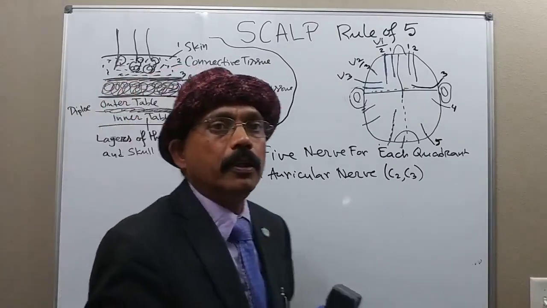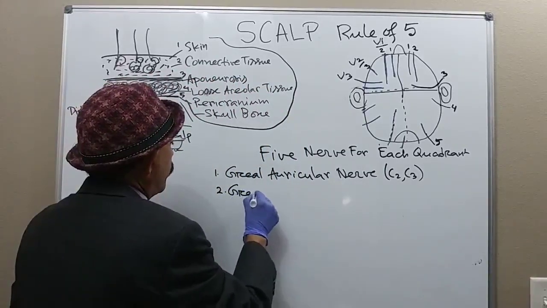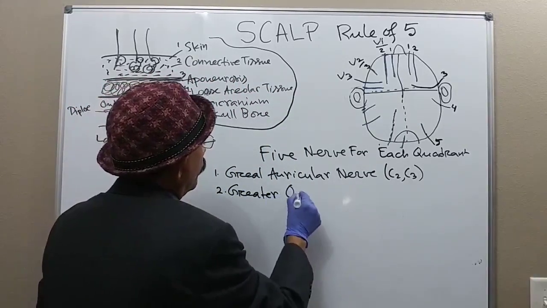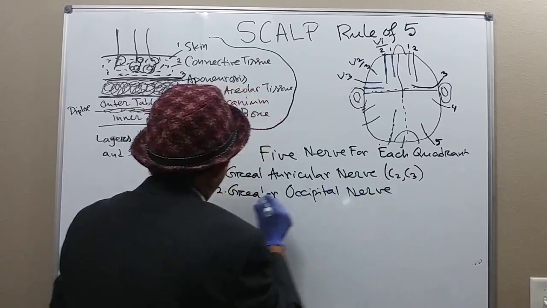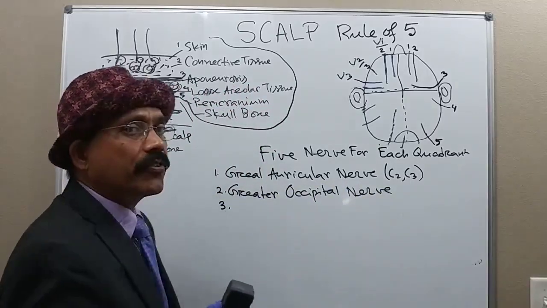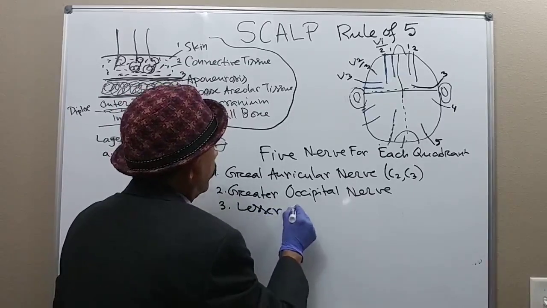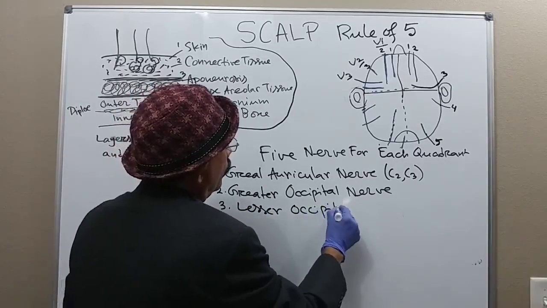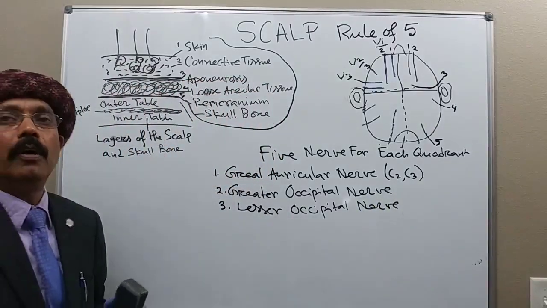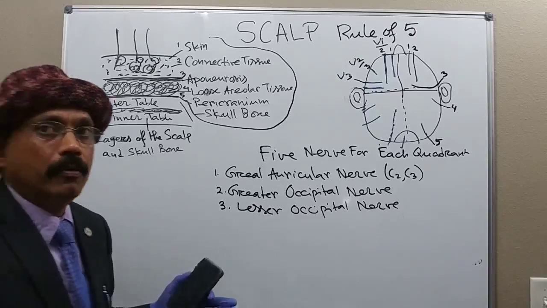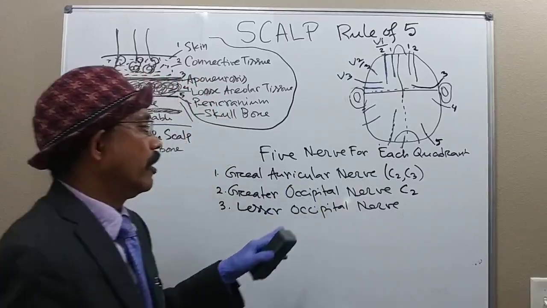Now we go to the greater occipital nerve. Then we get the lesser occipital nerve. Okay, what is the root value of the greater occipital nerve? C2. Okay, this is coming from the cervical plexus.